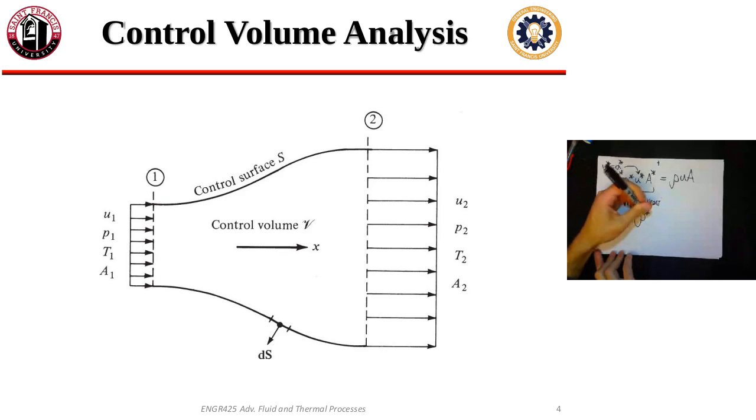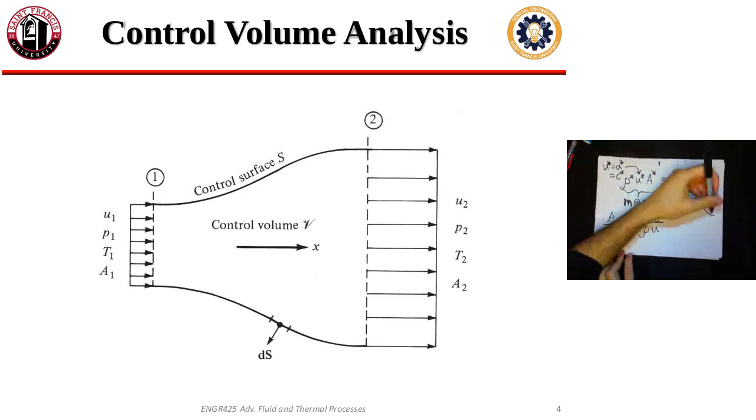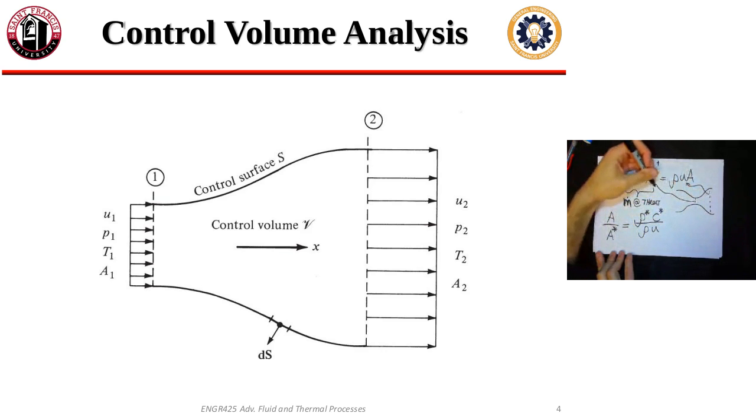or the area at one part of the nozzle divided by the area at the sonic section of the nozzle, is equal to rho star C star, that's again the speed of sound at sonic conditions, over rho U. So just for clarity, that would be the section corresponding to the sonic conditions.